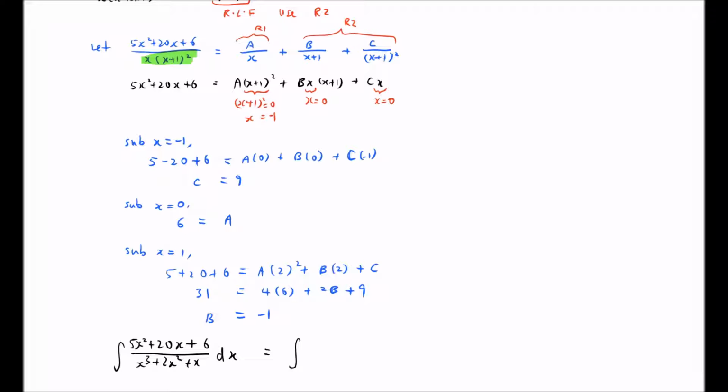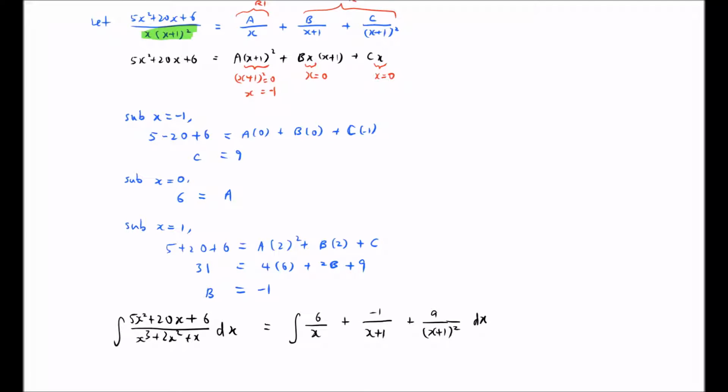So we integrate, A we know is 6 over x plus B is minus 1 over x plus 1, C is 9, so plus 9 over (x + 1) squared dx. So again we split the expression into individual integrals and apply the formula to integrate. Plus 9 integrate (x + 1) to the power of minus 2 dx.